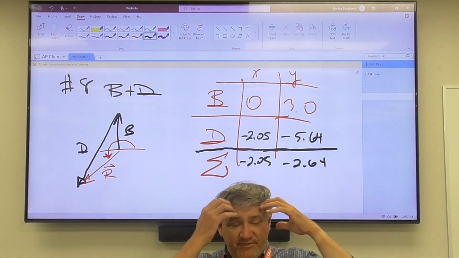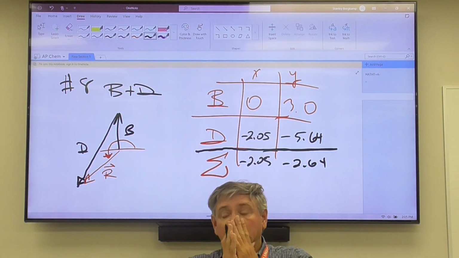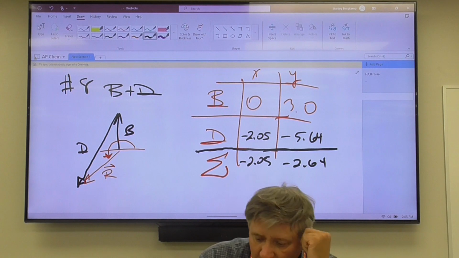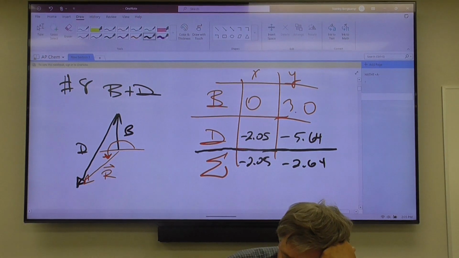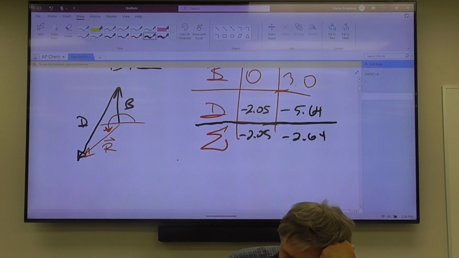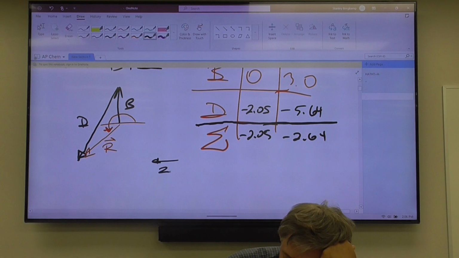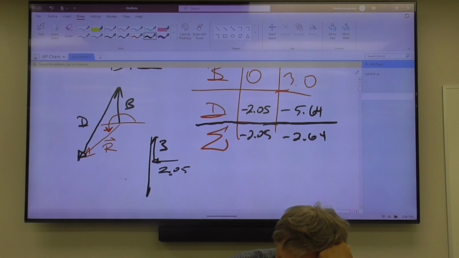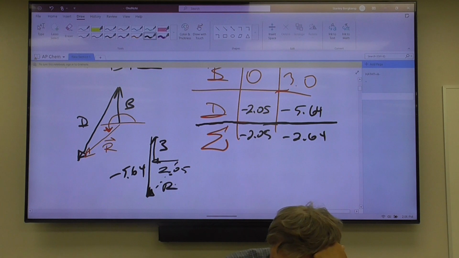If you're a visual kind of person, let me show you what's happening. If you started at this origin, and again, this is just a simple sketch, you're going to go out negative 2.05 centimeters. From the end of that, you're going to go up 3, and then you're going to go down negative 5.64, and you're going to end up here.